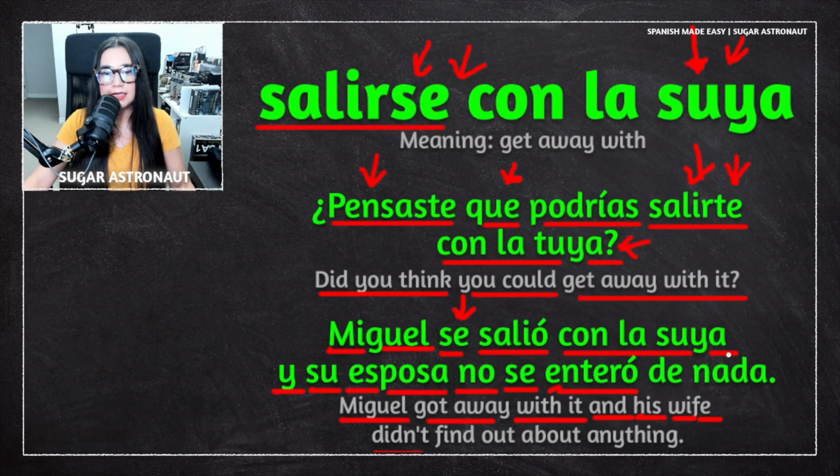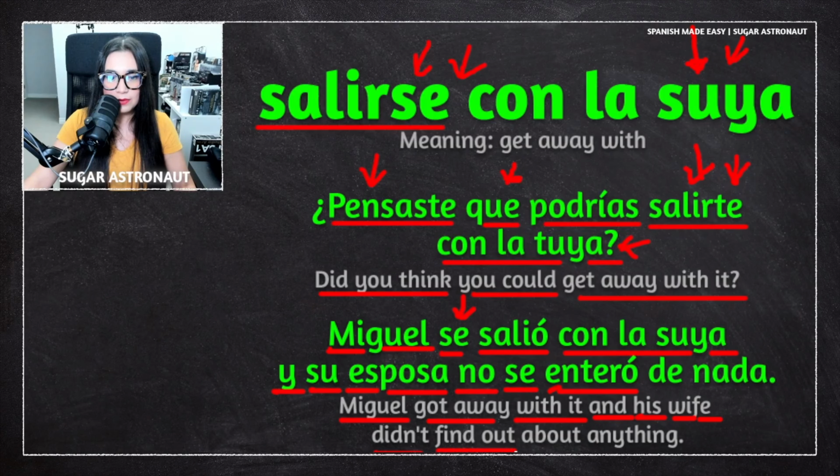Se enteró, enterarse. The verb enterarse means to find out, so we can use reflexive pronouns with that verb. That's why we're saying se enteró. Ella se enteró. She found out. We don't need ella, but we need the reflexive pronoun se.